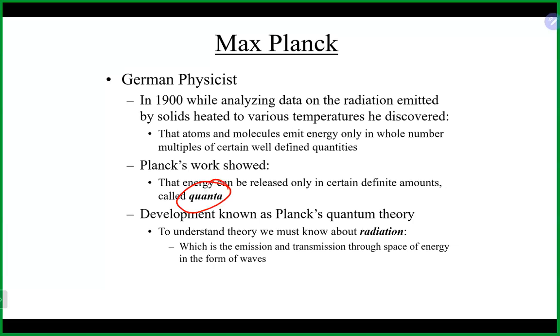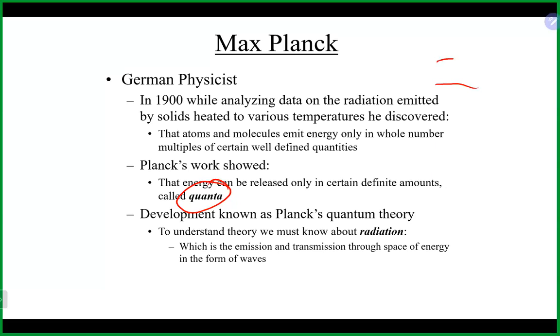A quanta of energy basically means that as these electrons are transitioning from one energy level to the next, they will gain enough energy to go completely from one energy level to the next. And as they come back down, they will also lose a certain amount of energy that will allow them to go from one energy level to the next.